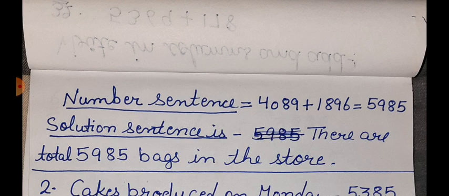That is our number sentence. And in the solution sentence, as you have already written in class 3, there are total 5985 bags in the store. So the solution sentence you always used to write in class 3 also, simple one, and in the number sentence you have to show the calculation.